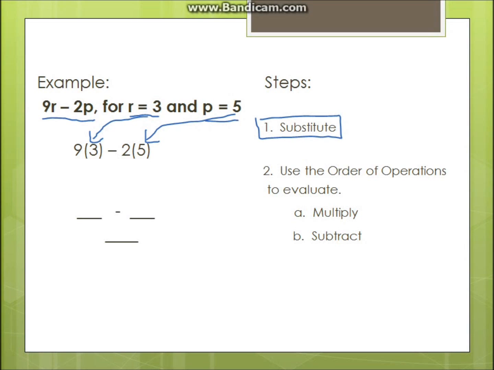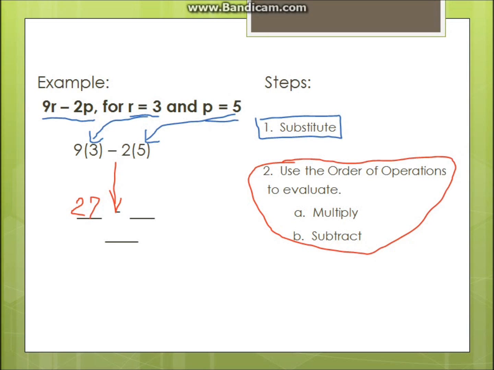So our next step is to use our order of operations to evaluate. I'm going to circle that for you. And I've told you exactly what to do. So the first order is to multiply. So 9 times 3 is 27. So I'm going to write that in there. Bring down that minus sign.